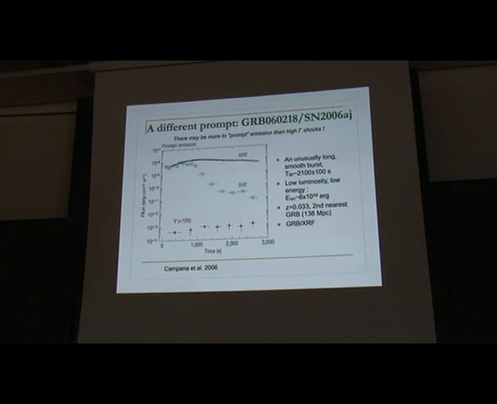But at some point the stellar envelope has to be ejected, so a shock has to propagate through the envelope of the star, and so people have been looking for 20 or 30 years for the shock breakout from the stellar envelope, and it was hard to detect.